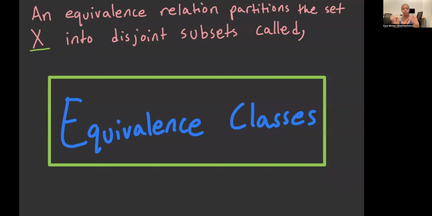And we say that they partition the set X because they encompass all of the elements of X. Every single thing that's in X must be in one of these partitions, one of these equivalence classes.